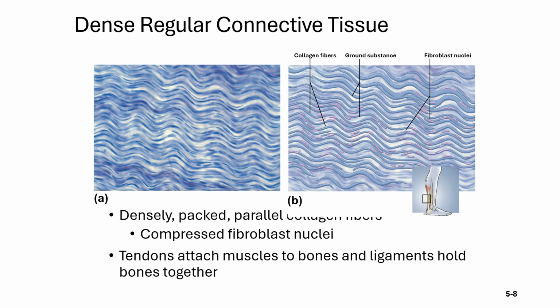Dense regular connective tissue is seen in areas of high stress, especially the tendon, which attaches muscles to the bone, and also the ligaments, which hold the bones together.